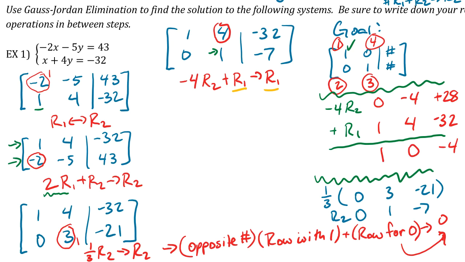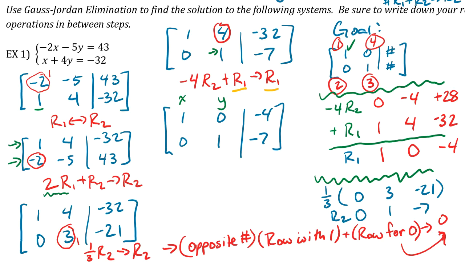All right, let's go ahead and put that back into our matrix. So our new row 1 is 1, 0, -4. Row 2 didn't change, so 0, 1, -7. All right, once we're here, all we have to do now is write our answer. Because remember, this column was representing x, this column was representing y.